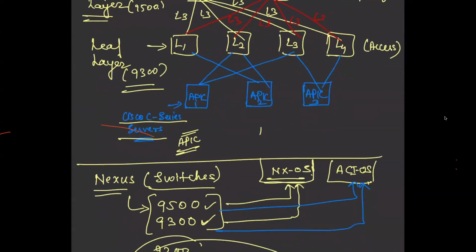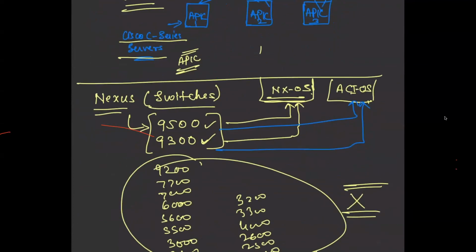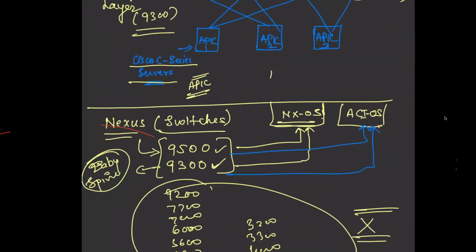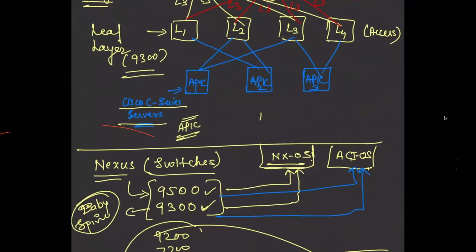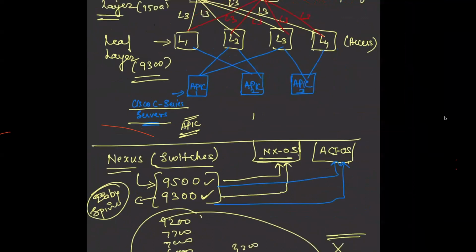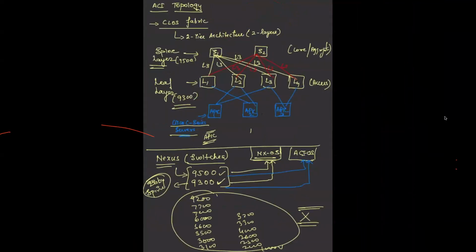But for small environments, there is one model in the 9300 series known as the baby spine, which you can use as a spine as well. That is a low-end switch for the spine, because data centers need a lot of routes and resources. Okay guys, anyone having any question in this?